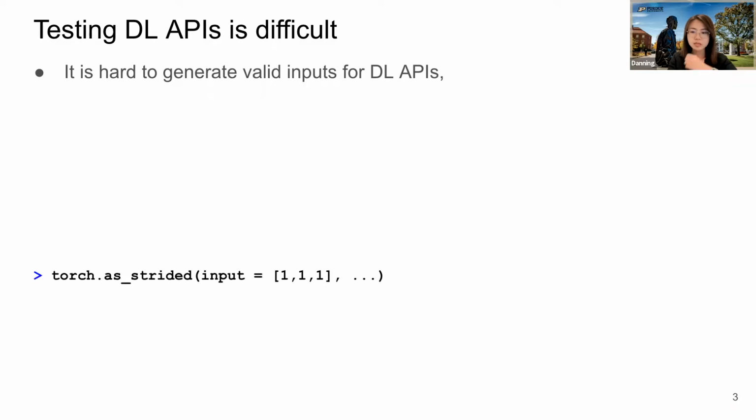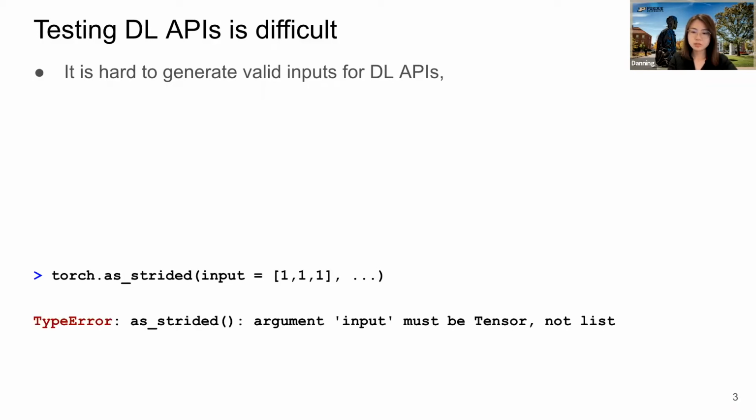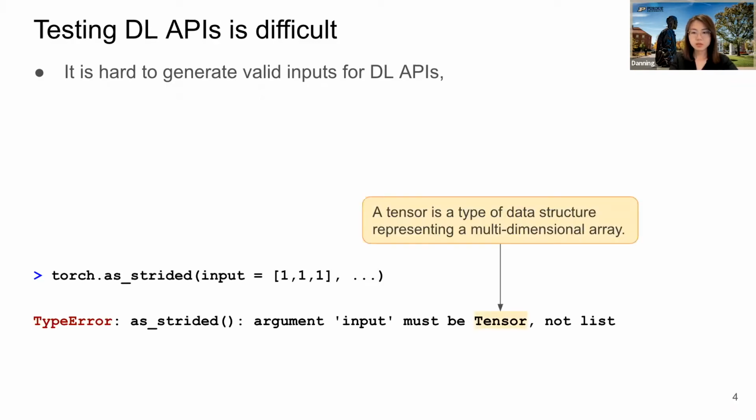For instance, in this call to a PyTorch API, which samples the input value with a certain threshold, it throws an exception saying that the argument input should be a tensor instead of a list. A tensor is a type of data structure representing a multi-dimensional array.